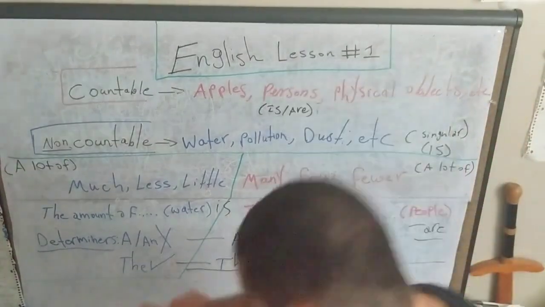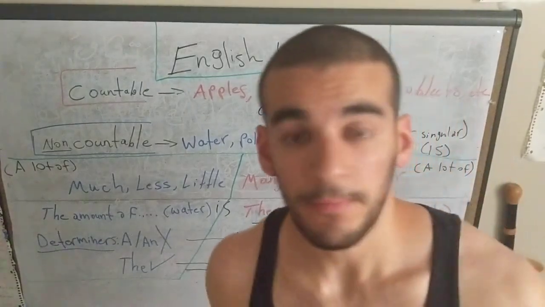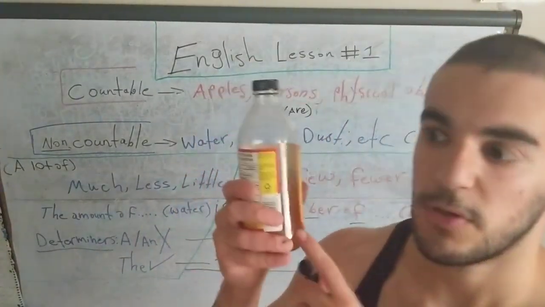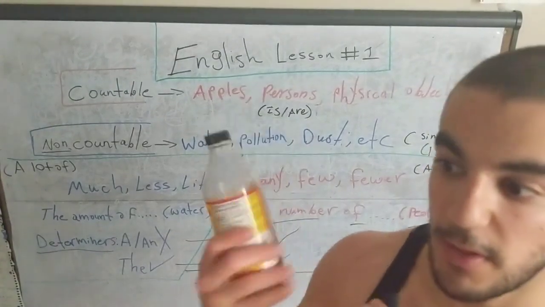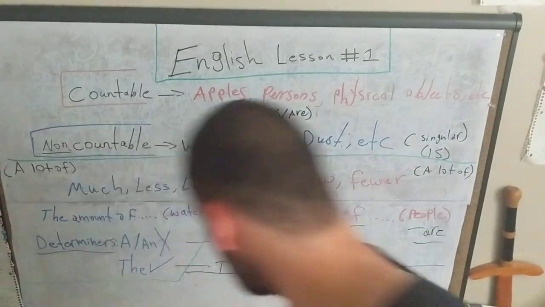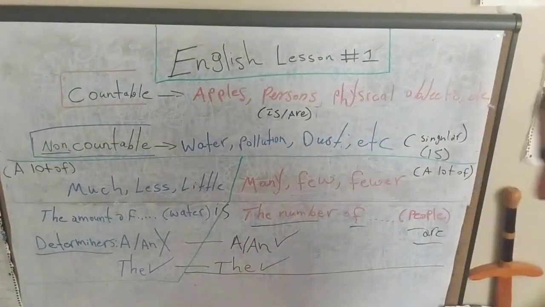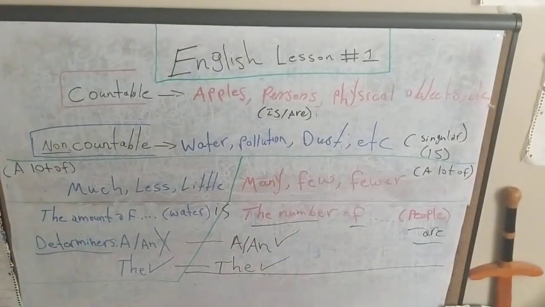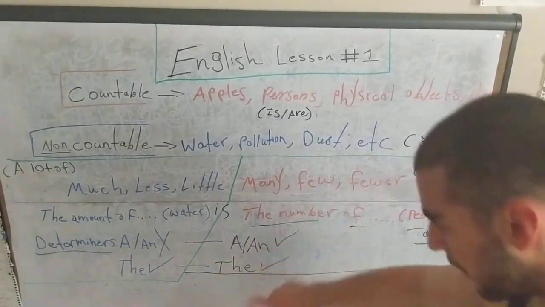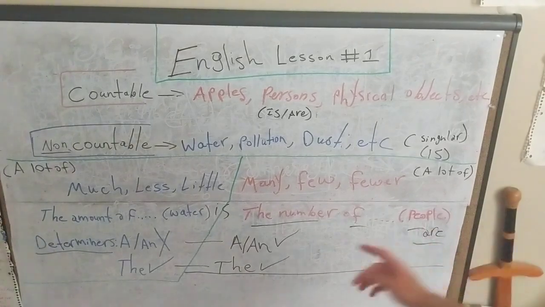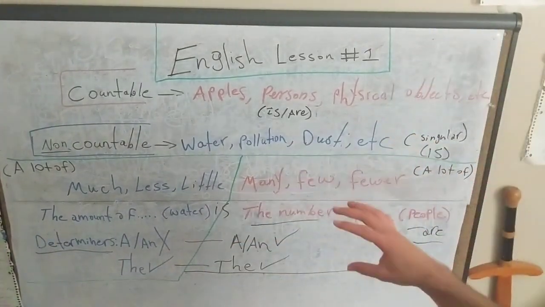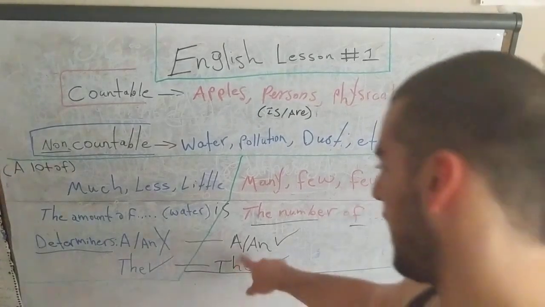You can say I have the water. That's logical. You cannot say I have a liquid. You have to say I have the liquid. However, when it comes to countable nouns, something that you can count, you can use both a, an, or the. Just to note that an is used because the noun has a vowel, we put an. Okay?